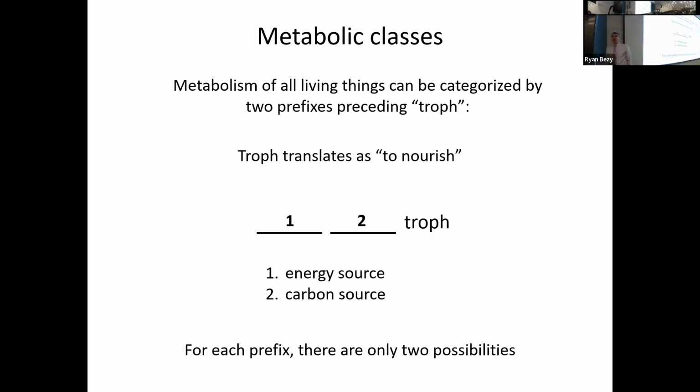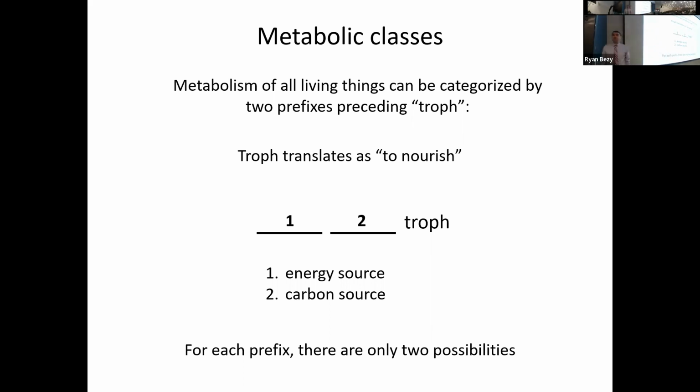Most types of living organisms have a metabolism that can be characterized by two prefixes in front of the word troph. Troph is just Latin for to nourish or to eat. Whenever I say things like trophic levels, I'm just talking about what eats what.